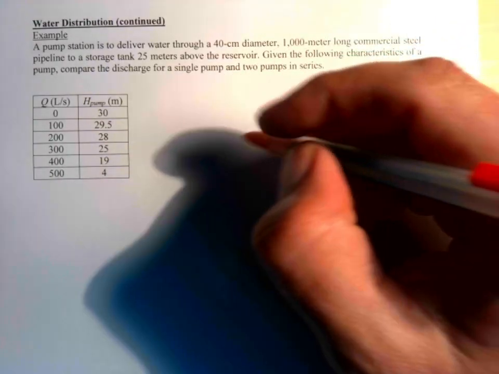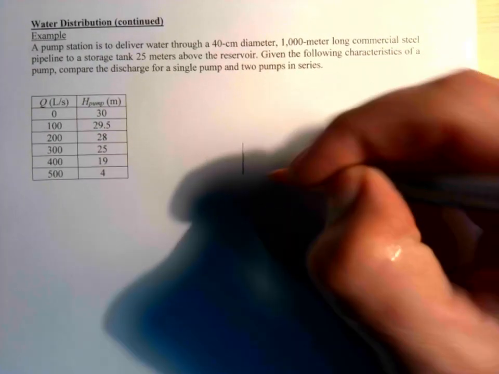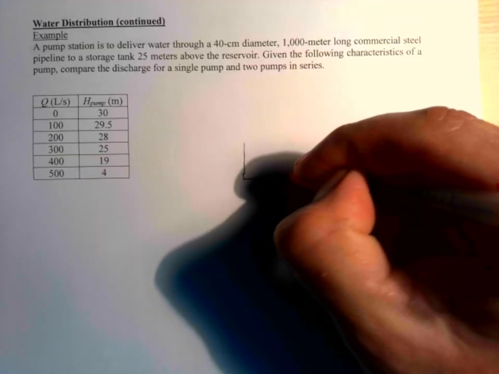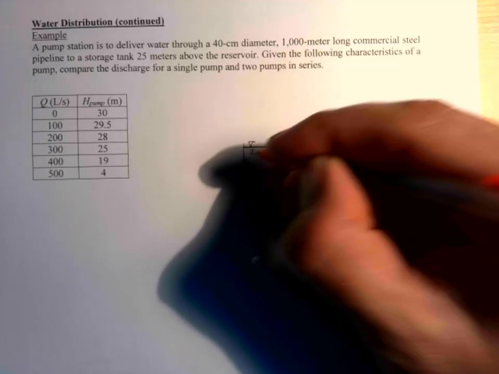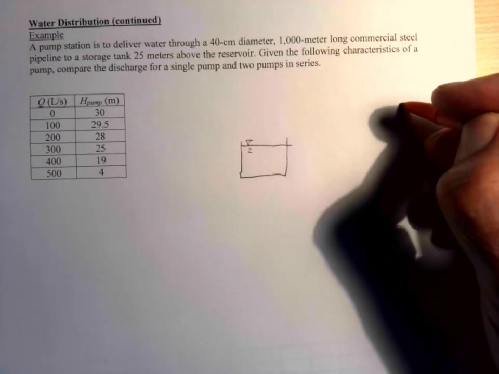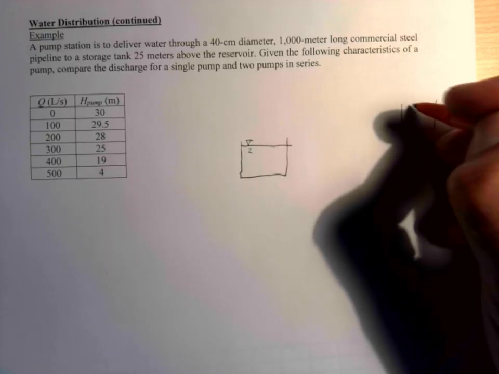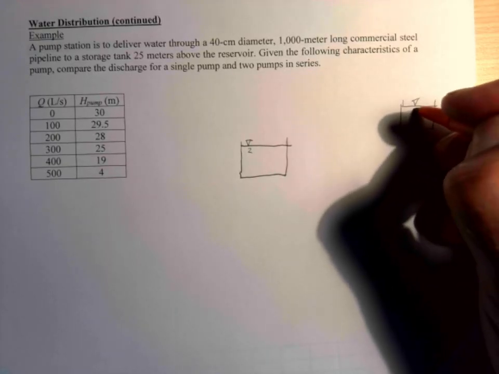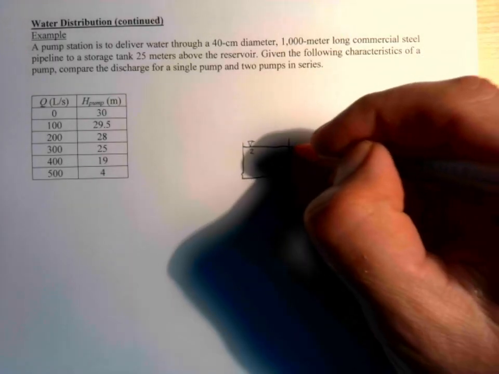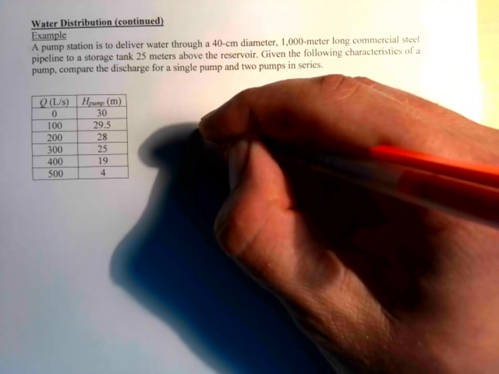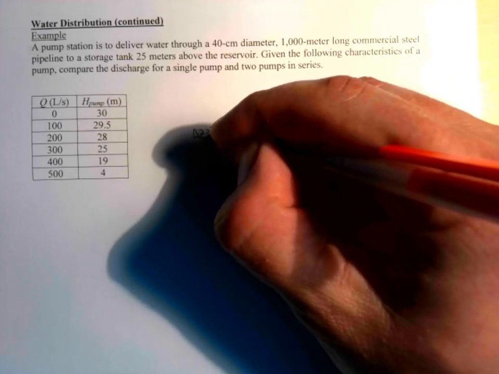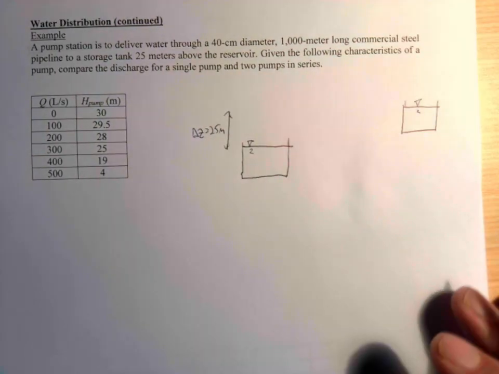Okay, so I'll just start by drawing a little diagram. Okay, and so we have a tank here, and then we have another one over here. And so we're going from this tank to that tank, and the height difference between the two, we'll call it delta Z, is 25 meters.